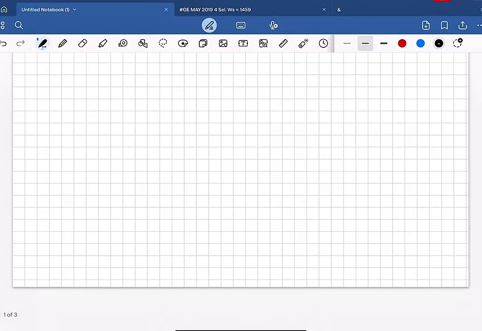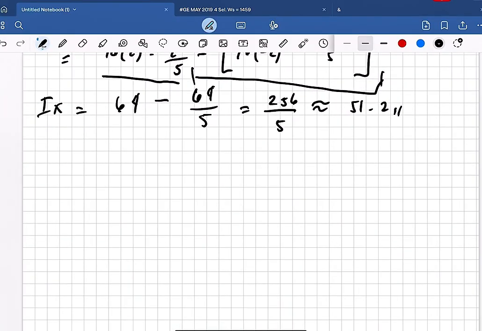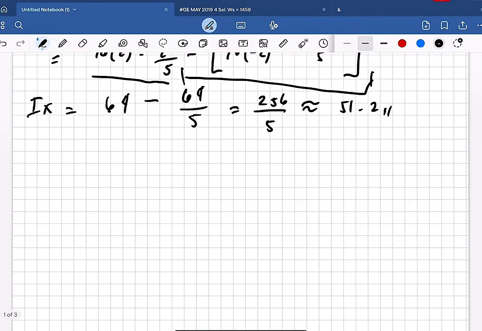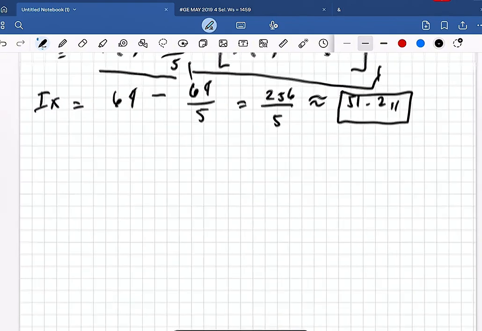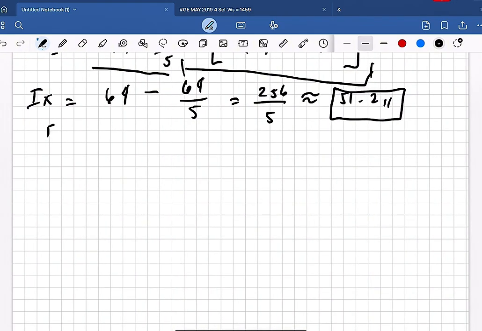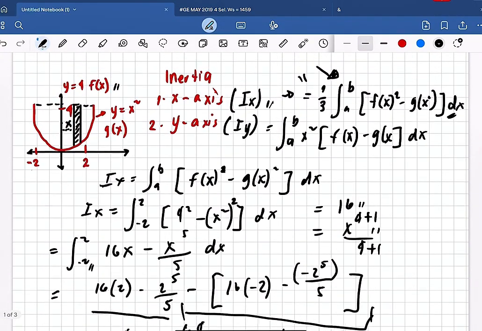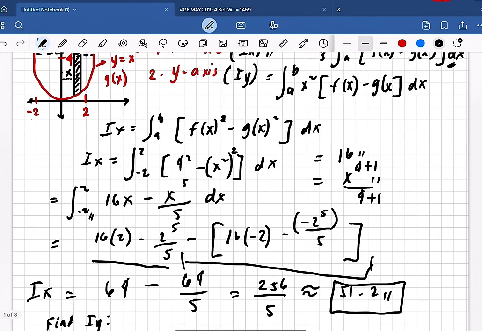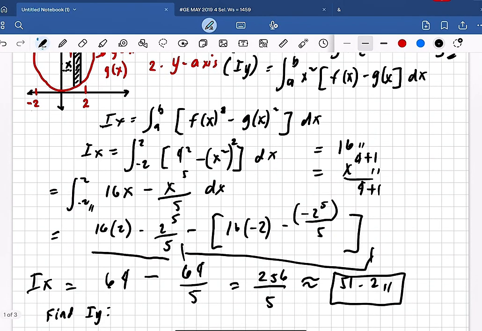Next we have to find Iy. What is the formula for finding the inertia in the y-axis?